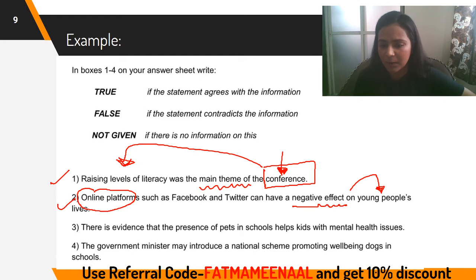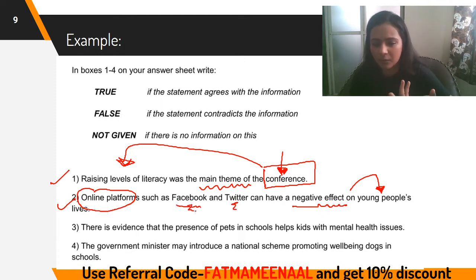On young people. So we'll have to check if there's a discussion about online platforms or not, and if it is mentioned that it is creating a negative effect or not. And I can roughly guess that maybe Facebook and Twitter might have different sorts of synonyms, right?